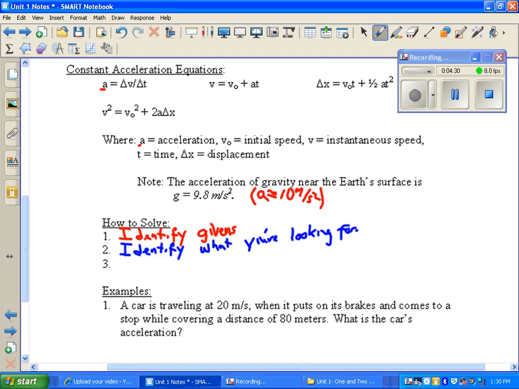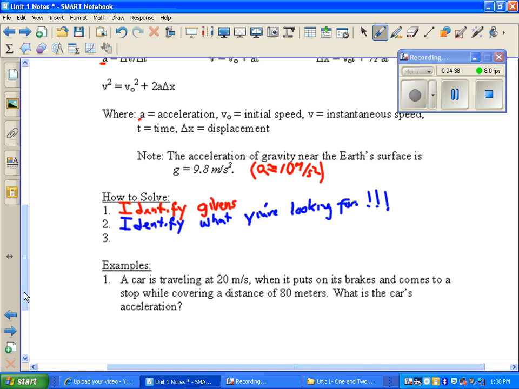And I'm going to put a big exclamation point by that, because that's going to be the most important thing. On the AP exam and even the Regents exam, they have a lot of words, right? They write a big long paragraph, and in there you get lost. And you have to ask yourself, what am I looking for? And underline that. Pay really close attention to that. And then the last step is going to be to find the appropriate equation.